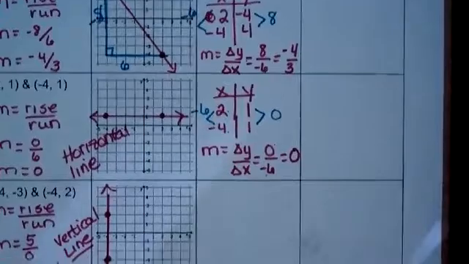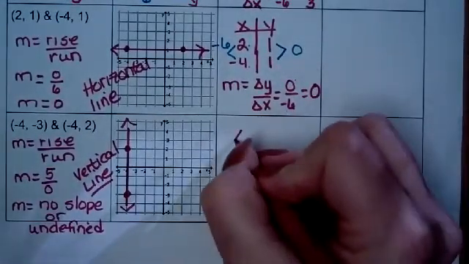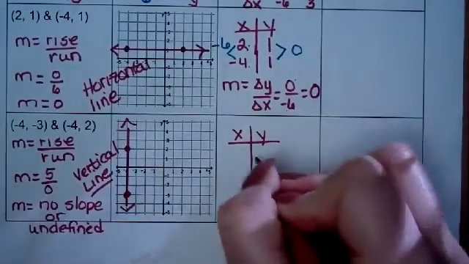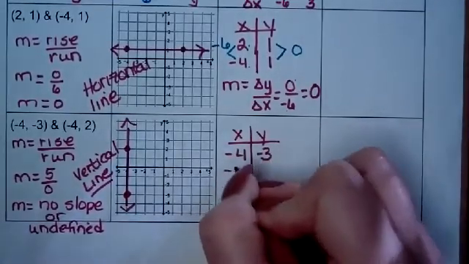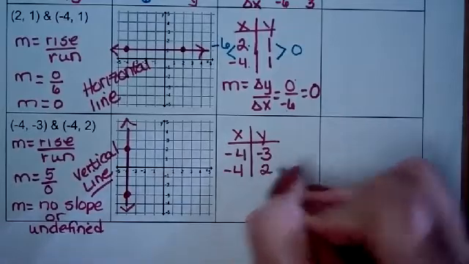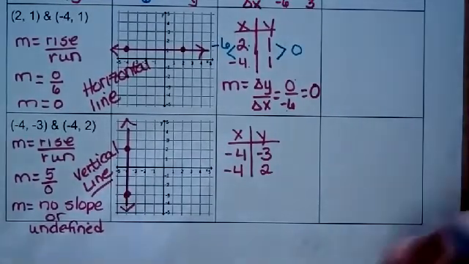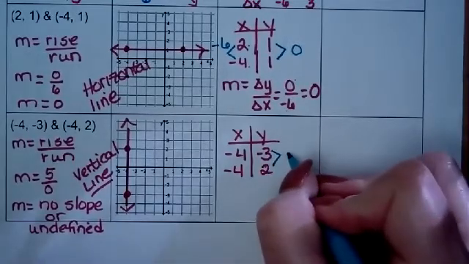Now, let's look at that vertical one. I'll tell you guys, the table of values is actually my favorite method. I think it's just the easiest. All right, so if I make my table for the fourth one, I look right here. What do I add to -3 to get +2?